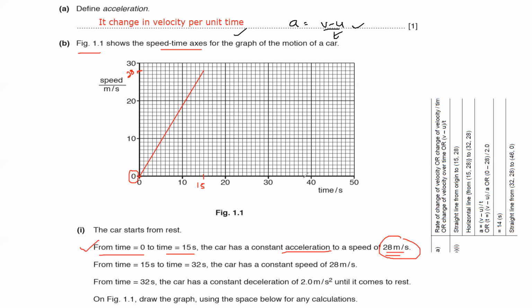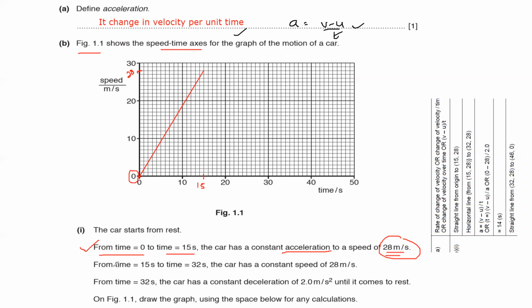From time 0 to 15 seconds, the car is having a constant acceleration and it reaches a speed of 28 meter per second. Then the second part, for time 15 seconds to 32 seconds, the car has a constant speed of 28. So what does it mean? The car does not change its speed.